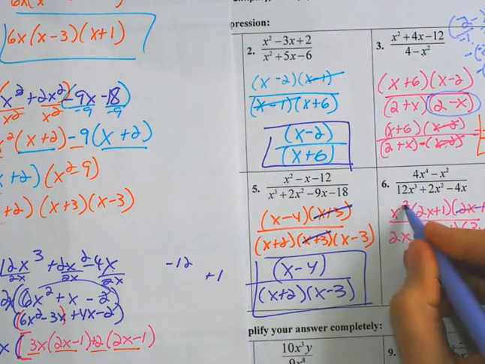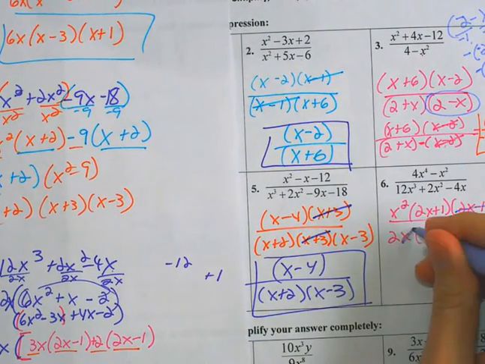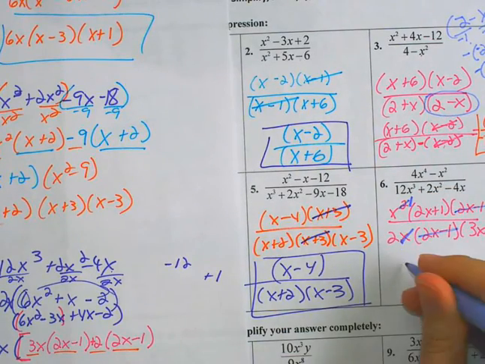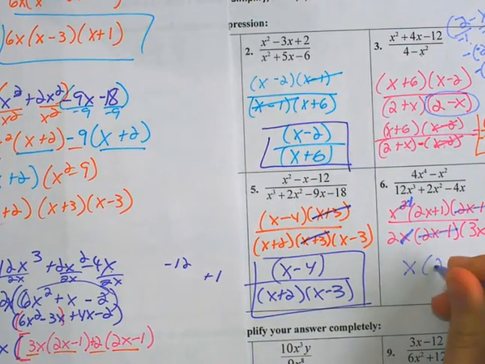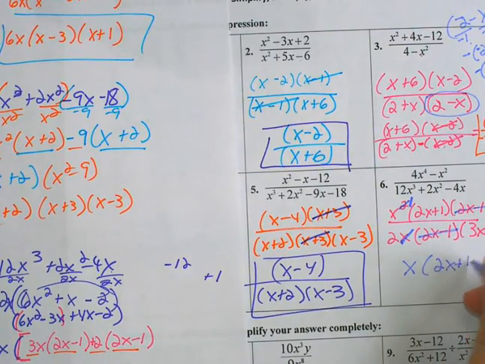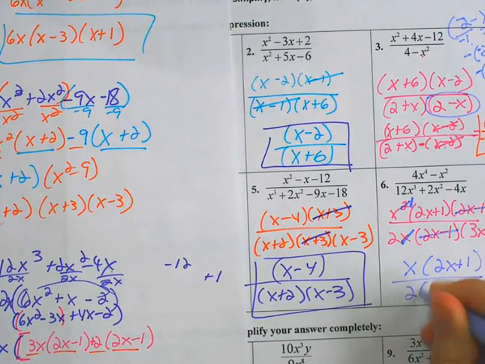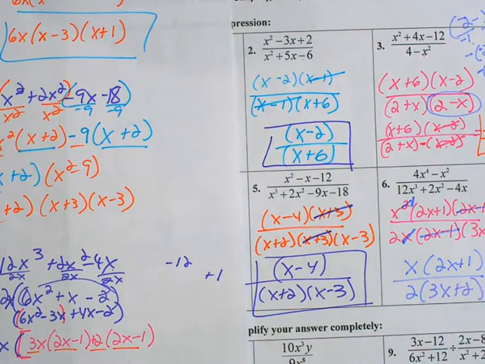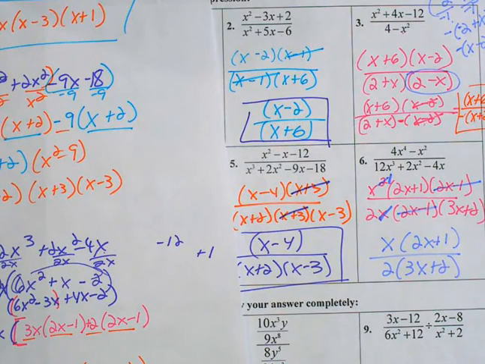I have x squared here, so that goes away, and this becomes 1x. Nothing else cancels, so at the top I have x times 2x plus 1, and on the bottom I have 2 times 3x plus 2. And I'm done. All right, so that's just simplifying. So let's add another layer to that.